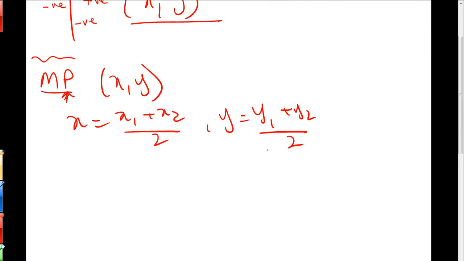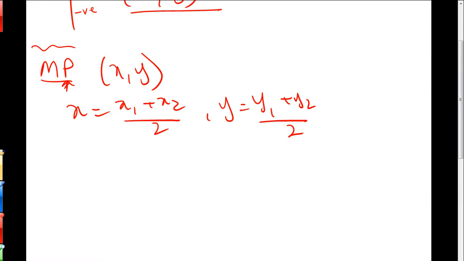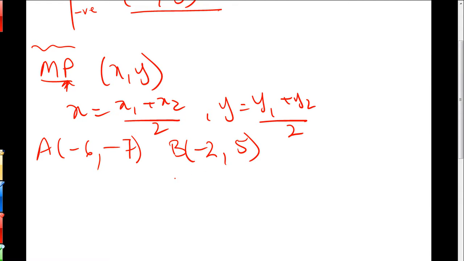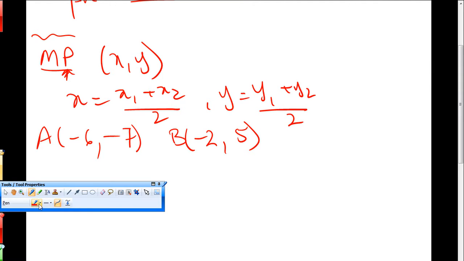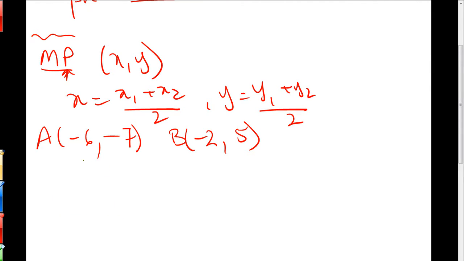Okay, where it's really easy to now note, all it's trying to say is add the two x values up, divided by 2. Add the two y values up, divided by 2. That's it. So if I gave you a point, and I'll make it tricky, A is minus 6, minus 7, B is minus 2, 5, all you've got to do is add the two values up for the x's. So it's a good habit to get used to labeling them.